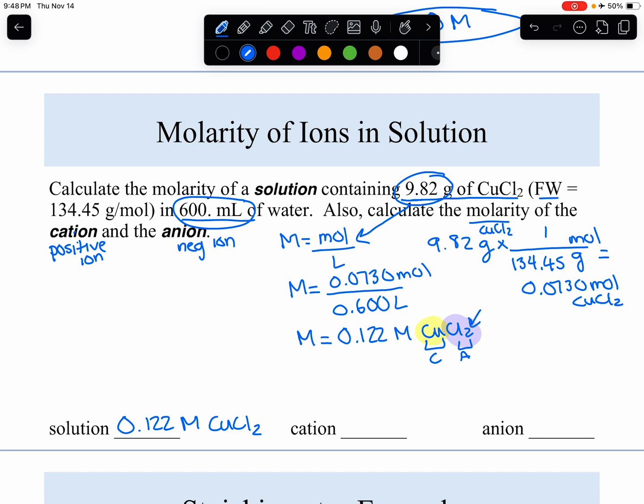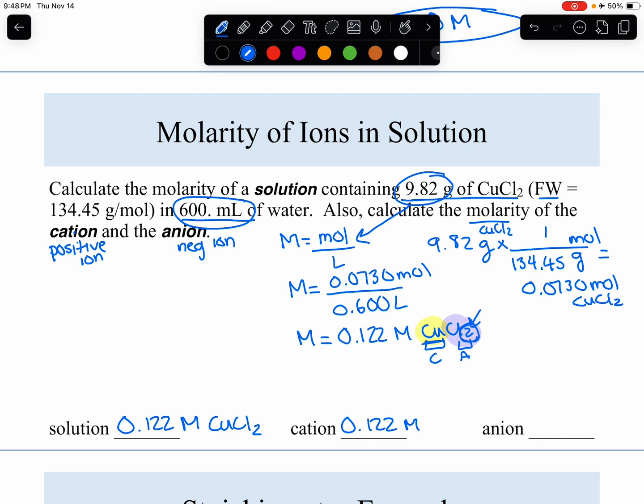So I have a little tip. Instead of doing a mole ratio for this, you can just use logic. If I have 1 copper, this just ends up being multiplied by 1. So our answer for our cation is 0.122 molarity. Now, because this chlorine has a 2 here, we have to take this molarity and multiply by 2 because there are 2 sets of chlorine with that molarity.